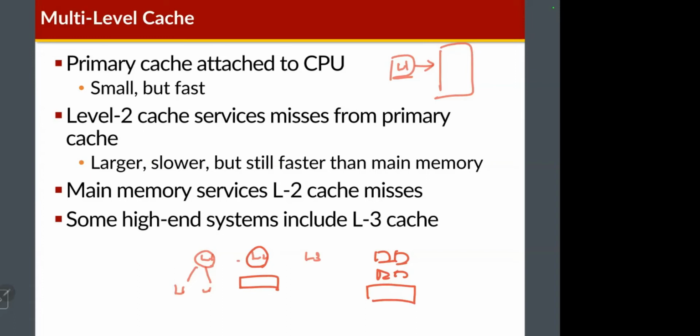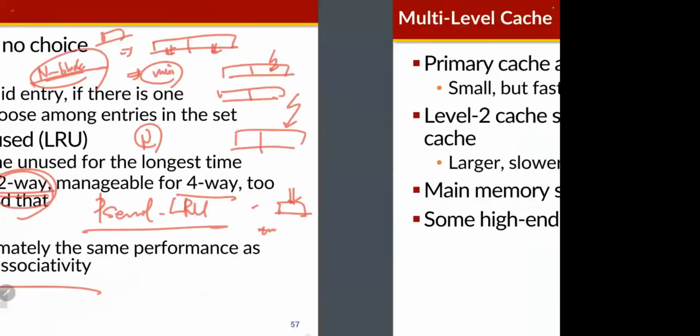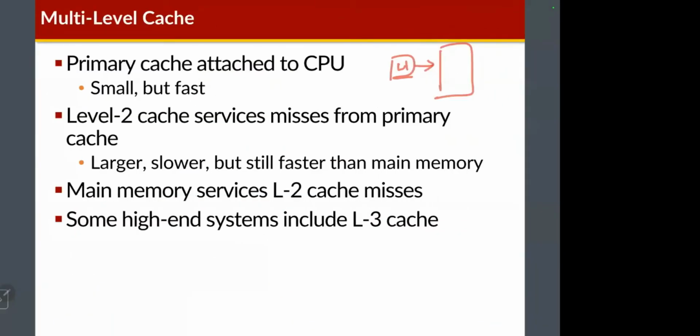Okay. Then why do we use multi-level cache? In order to increase the performance of the processor, right? But why do we use cache hierarchy, like the memory hierarchy? The purpose of this multi-level cache is similar to the purpose of memory hierarchy.